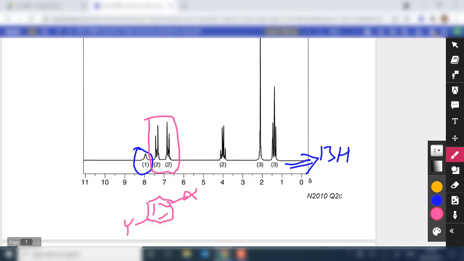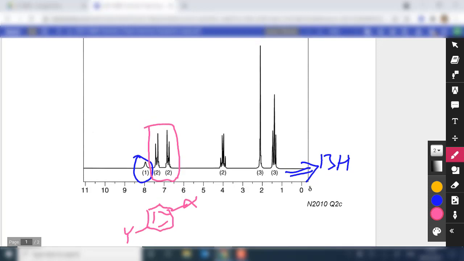Another extremely prominent signal here is the one at 4 ppm. That's a quartet. And then we have one at about 1.4 ppm, which is a triplet.